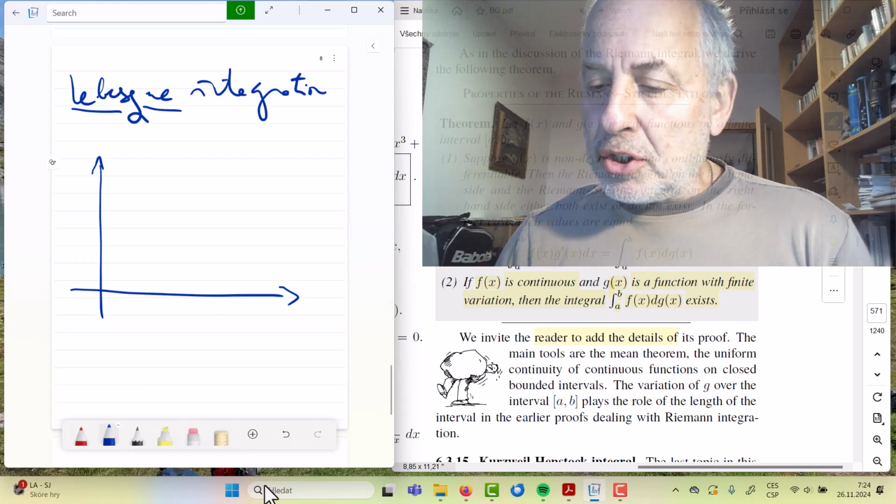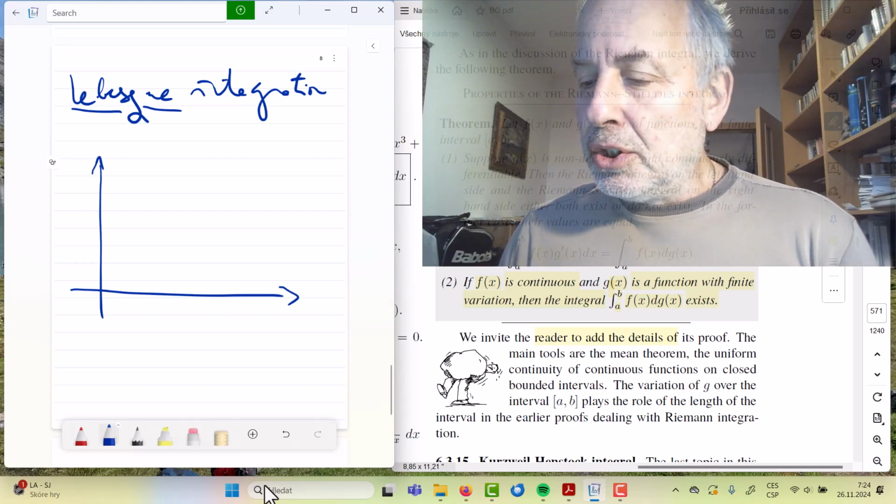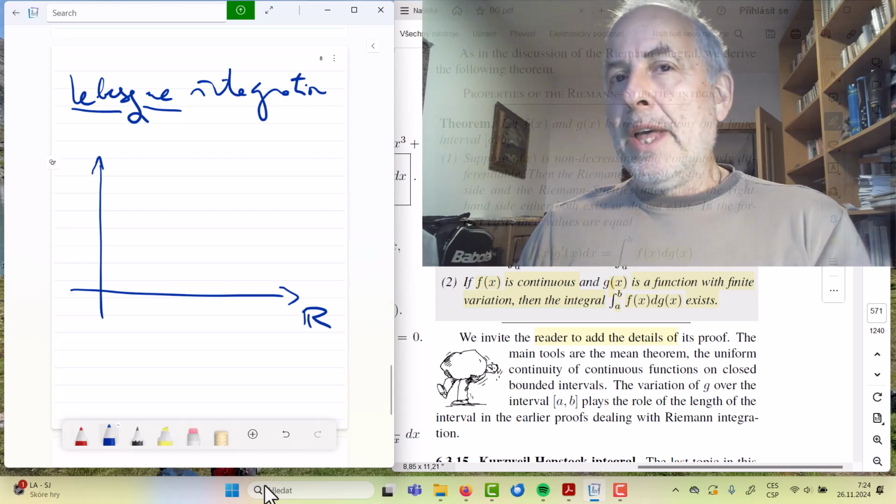But the Lebesgue integration goes as follows. Imagine this is the real line or any other space.